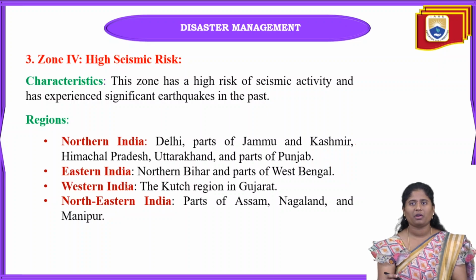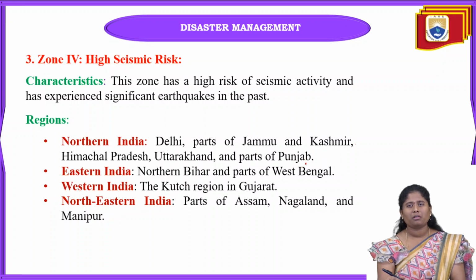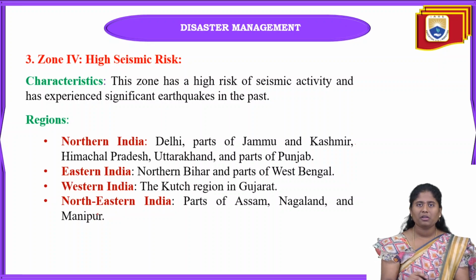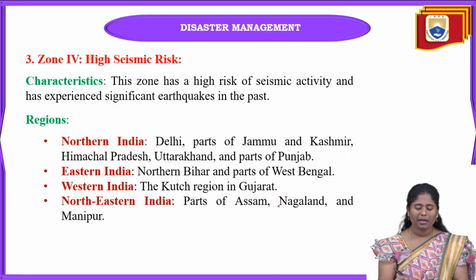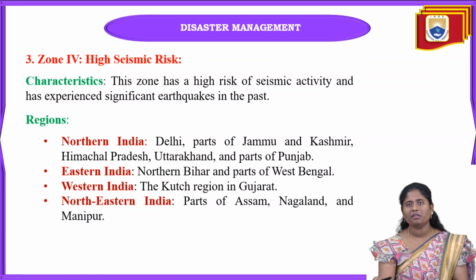And next one is western India, some Kutch region in Gujarat also comes in this one. And last one is northeastern India, and here also some parts of Assam, Nagaland and Manipur come under this zone 4 area.